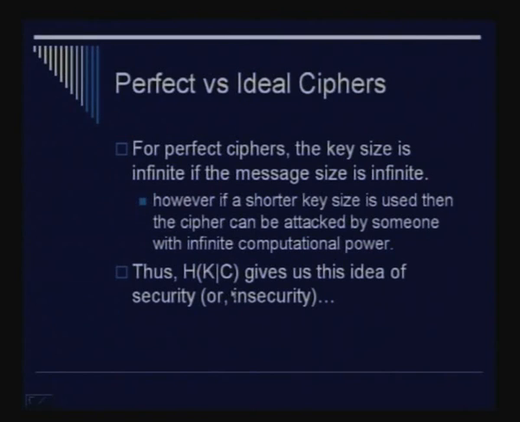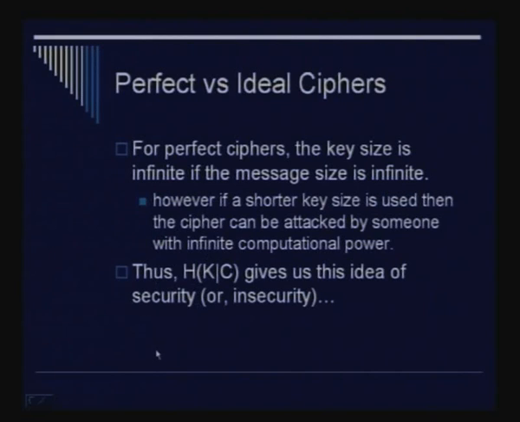So one key is being used for many encryptions, and if there is an infinitely powerful adversary, then he can break the cryptosystem. So H(K|C) gives us this idea of security or insecurity. It says that given this ciphertext, what is the amount of information still required to know the value of the key.